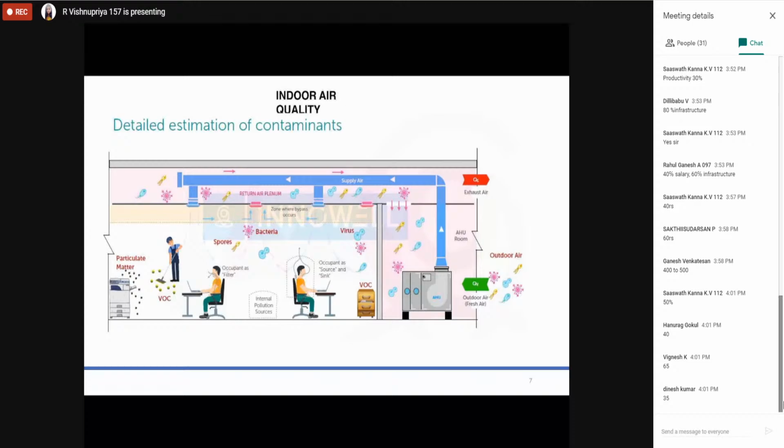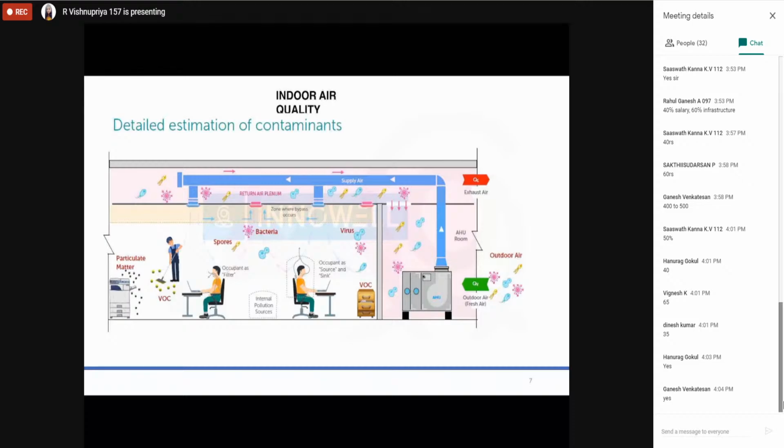If you see in a clean room, have you ever heard of a clean room? Any answers? Clean room. Yes, very good. Where is it relevant? Where are we going to use this clean room?